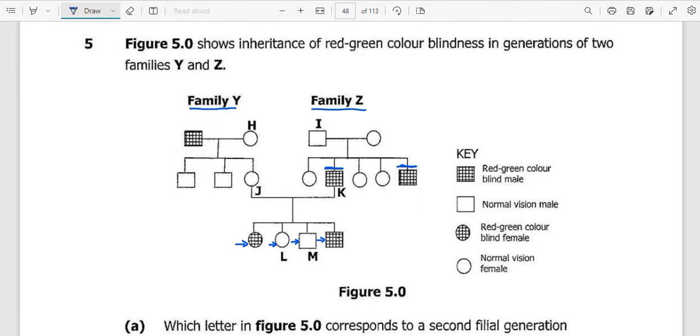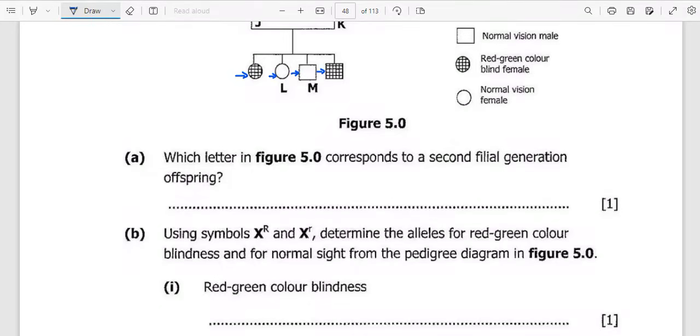So now let us look at the questions. Which letter in figure 5.0 corresponds to a second filial generation offspring? Because they've said a letter, we have to look at which one here.